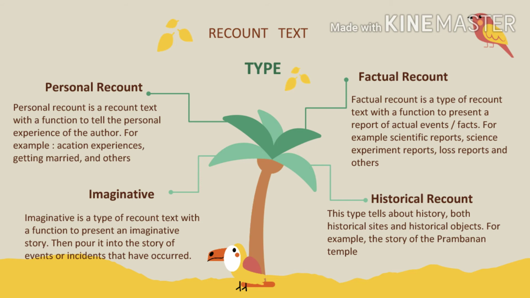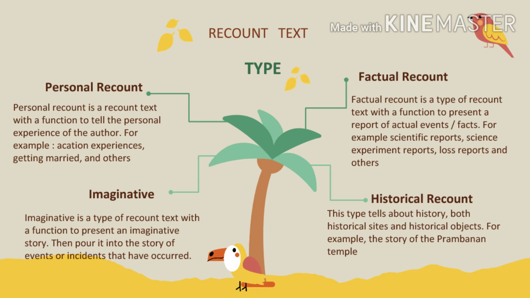3. Factual recount. Factual recount is a type of recount text with a function to present a report of actual events or facts. For example, news TV reports, science experiment reports, class reports, and others. The last, historical recount.